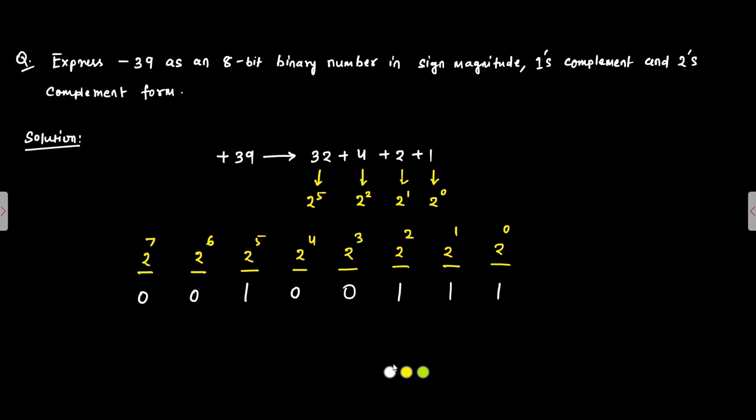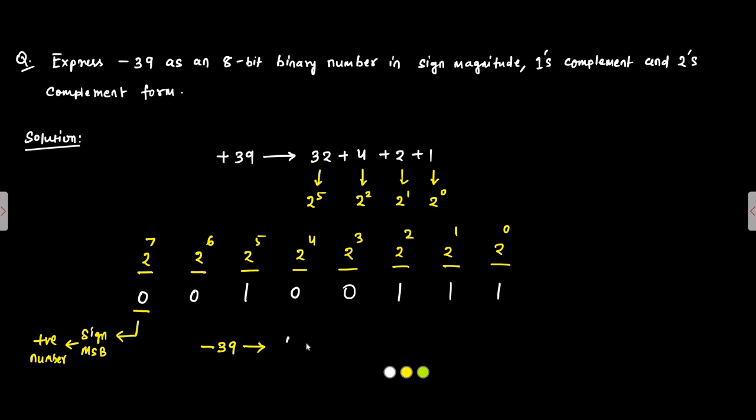Now this is the MSB bit, which is the sign bit. As it is 0, it represents a positive number. Now if we have to represent minus 39 in sign magnitude form, then the sign bit will become 1 and the remaining bits will remain unchanged.